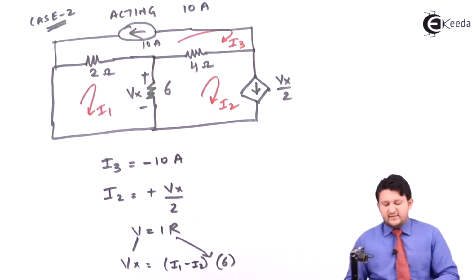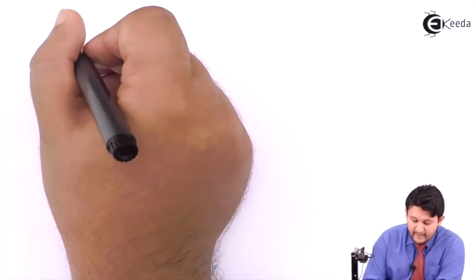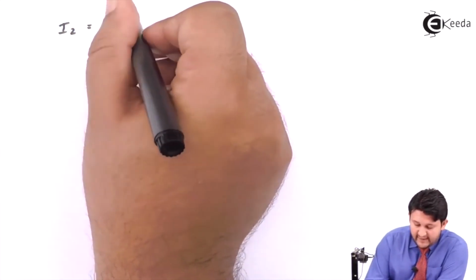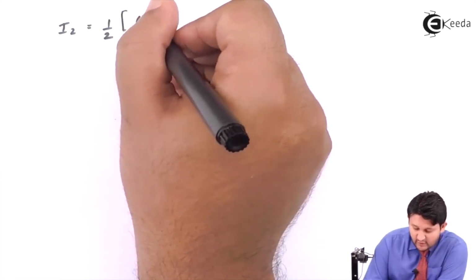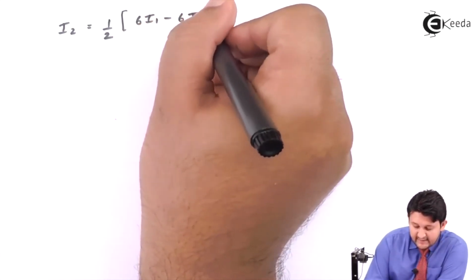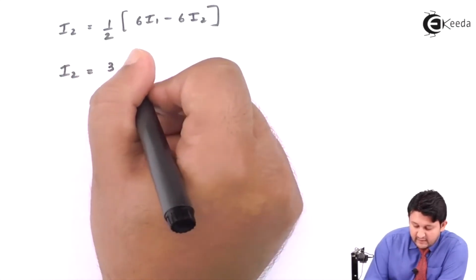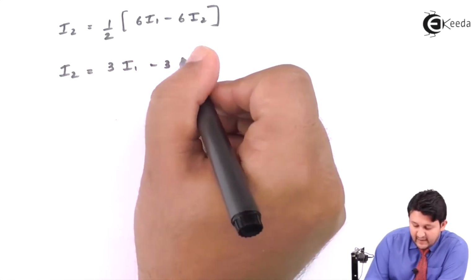Put the equation of Vx in this equation. You will observe your equation would be I2 equal to 1 upon 2, take it outside. Your Vx value you got is 6I1 minus 6I2. Simplify it, you'll get I2 equal to 3I1 minus 3I2.